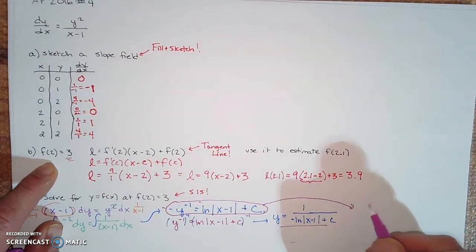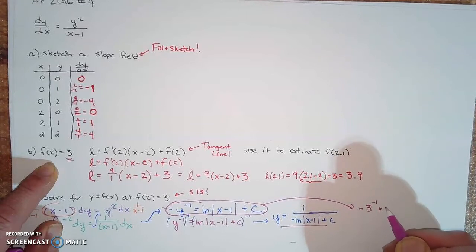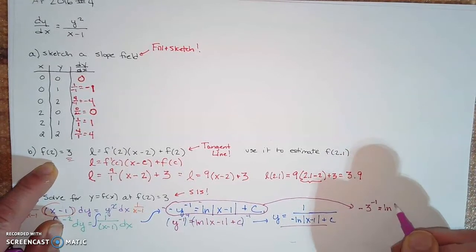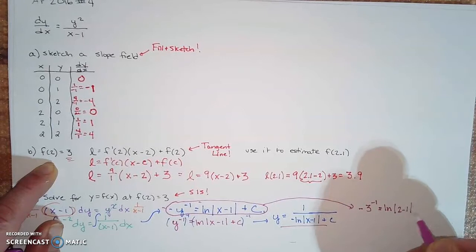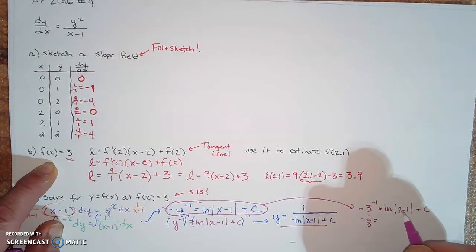So it's going to be negative 3 to the negative first equals the ln, the absolute value of 2 minus 1, plus c. 3 to the negative 1 is 1/3. Negative 1/3 equals the ln of 1, which is 0, plus c.